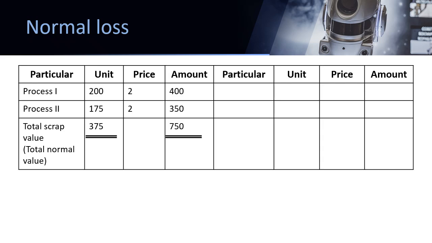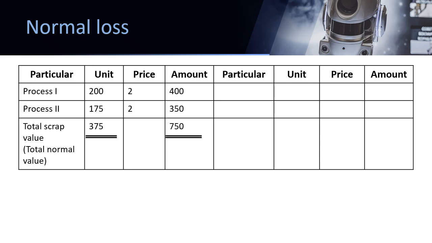After that, we can calculate the normal loss account. This slide shows the normal loss account. Normal loss account debit side shows process 1. Its unit 200 and its price 2. Its total amount is 400. Process 2 shows unit 175 and its price 2. Its amount is 350.